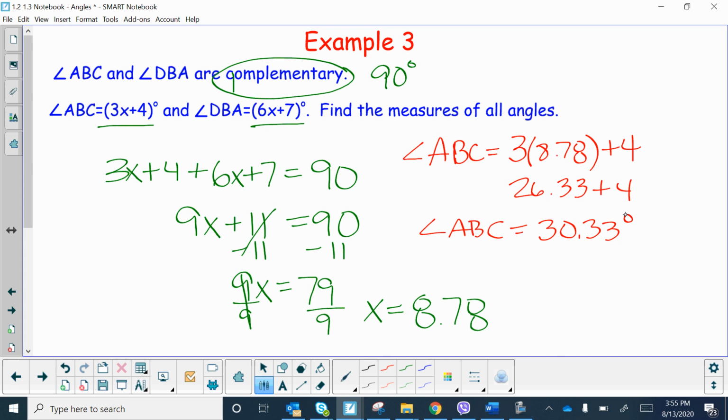And so I just have to subtract that from 90, and that'll be angle DBA.